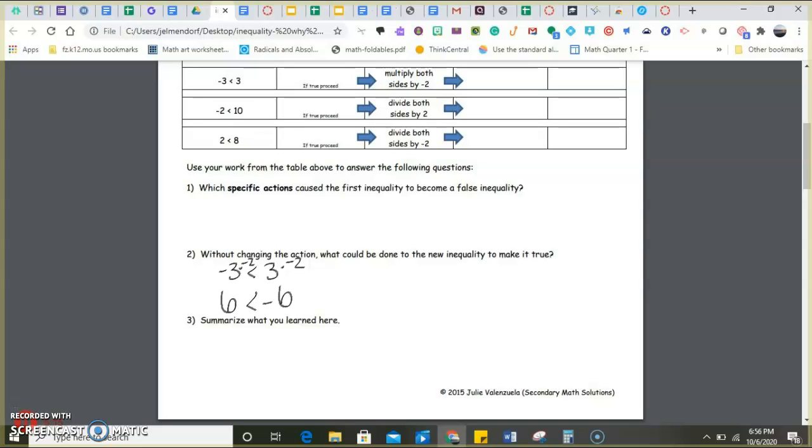The second one we had 2 is less than 8, and we divided by -2 on each side. So that common thing here is we divided by or multiplied by -2. So I ended up with -1 is less than -4, which is still false.